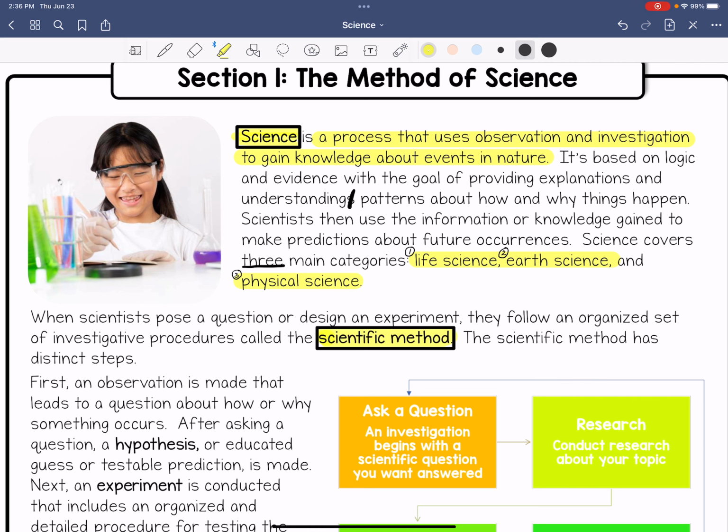Okay, now we don't have the word is, but we have a definition in front of this box. It is an organized set of investigative procedures. So you see the definition in this case before the actual term.